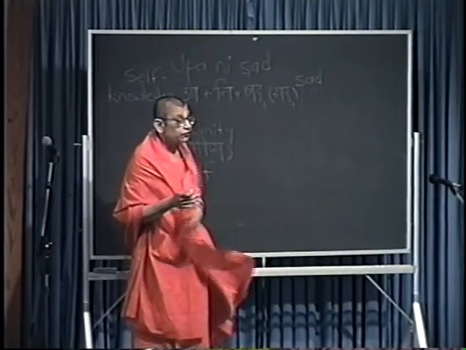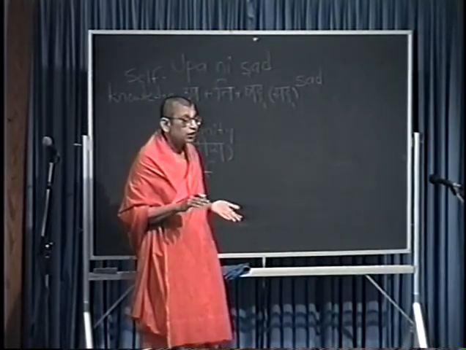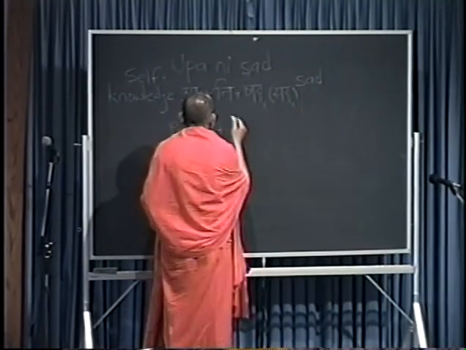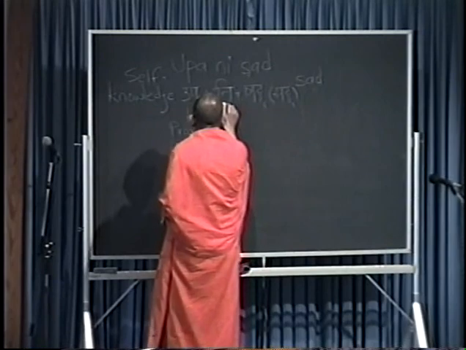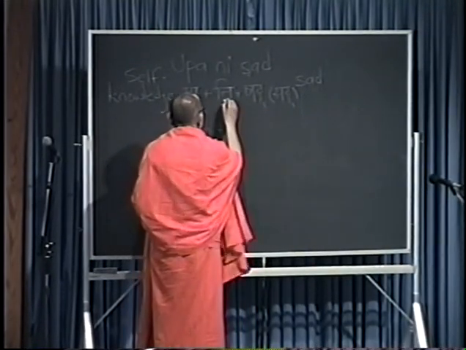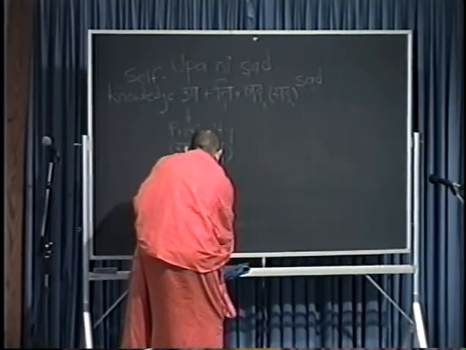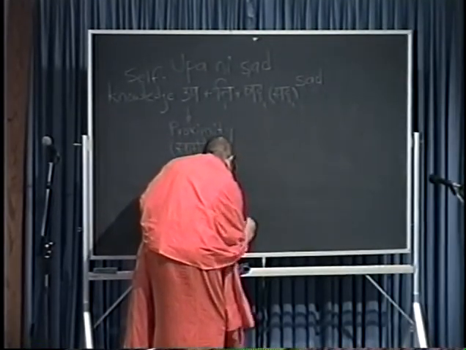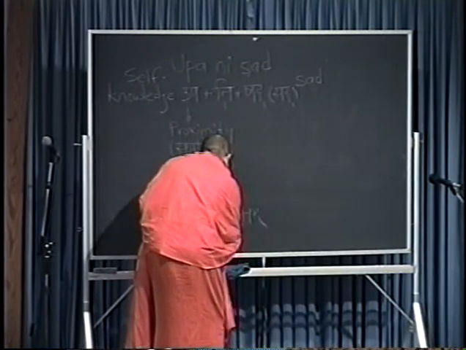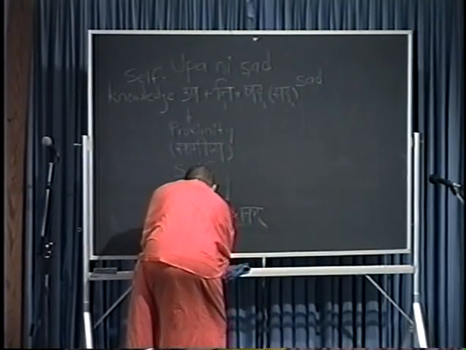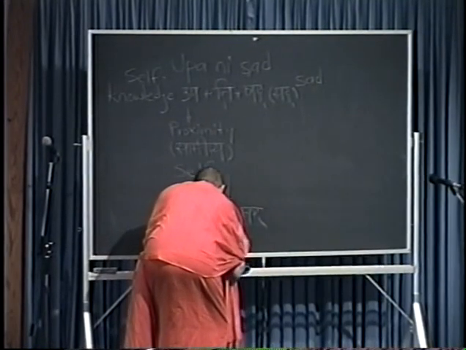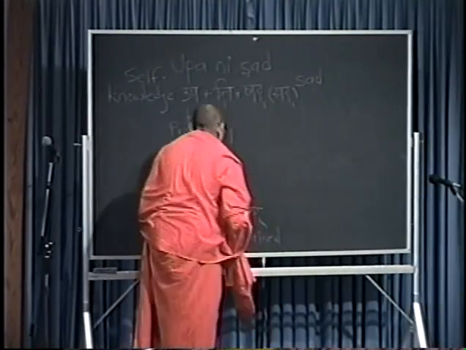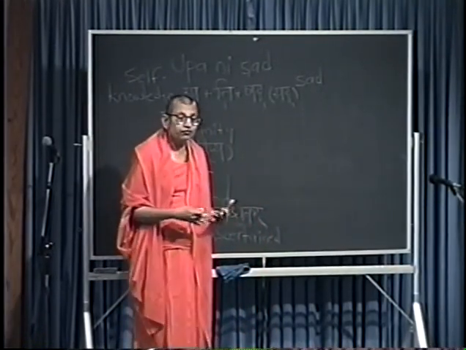Therefore, what we need is not merely the knowledge of self, but a certain knowledge of self. That is indicated by this prefix ni, which means a certain knowledge of myself.